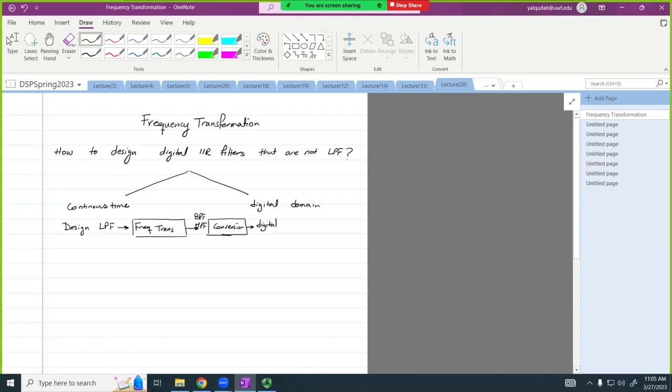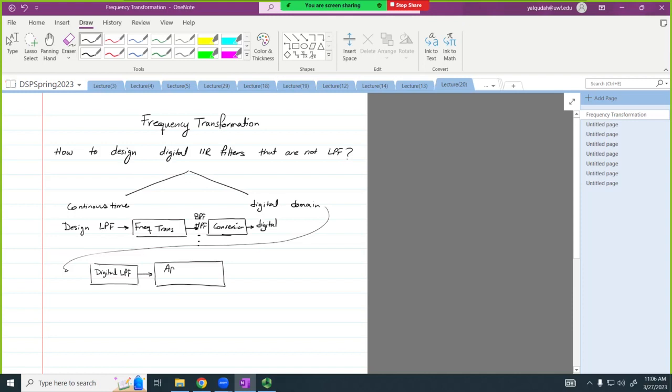So we design the low-pass filter, do the frequency transformation to get any of the filters we're trying to design, then convert the transformed filter to the digital domain. Now in the second method, we design a digital low-pass filter, and then we use a table that converts to different filter types.